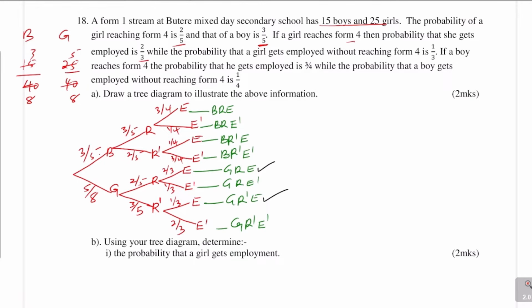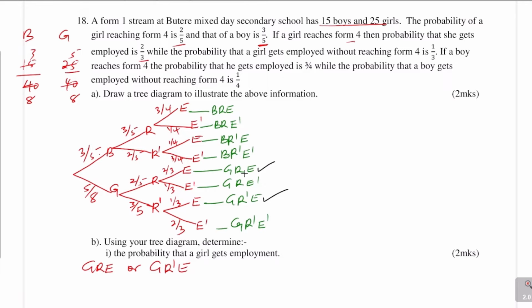So that one will be given by, the first one, we are taking either that, G R E, or the other one. This is G R prime E. And you know that when you have "or" in probability, that means we're going to add the two.